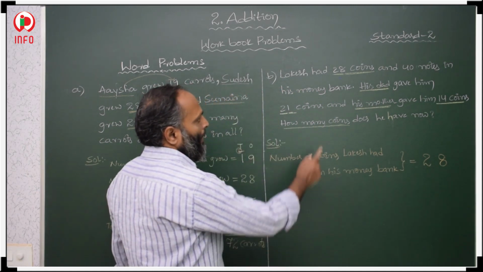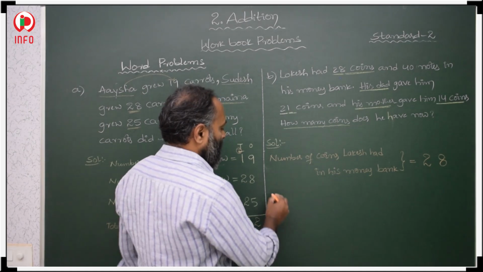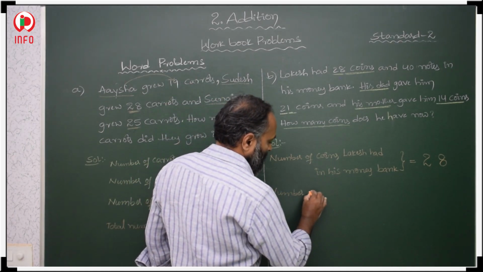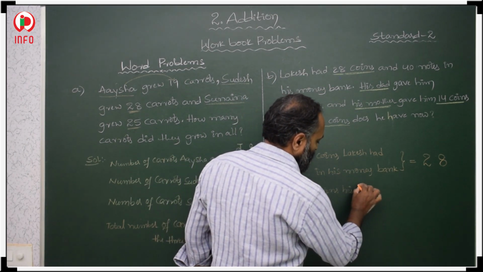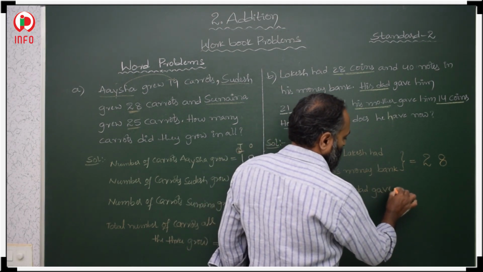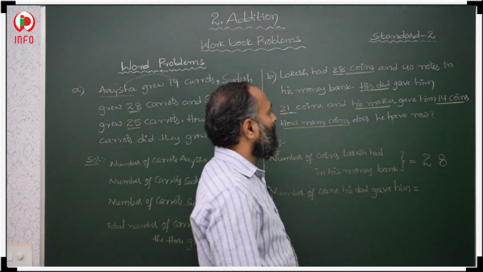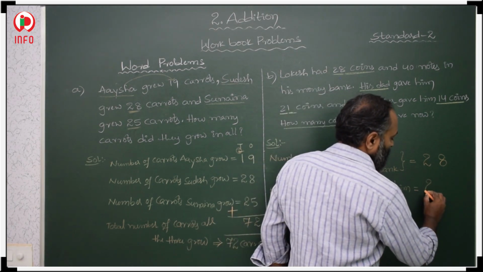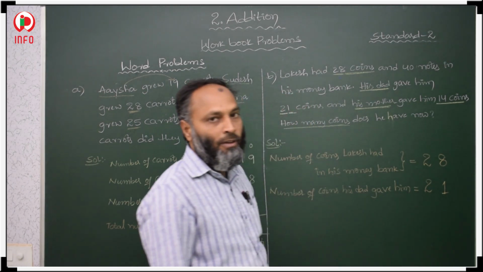Then after that, number of coins his dad gave him. How many coins? 21 coins. 2 in tens place and 1 in ones place. Like this we have to write.